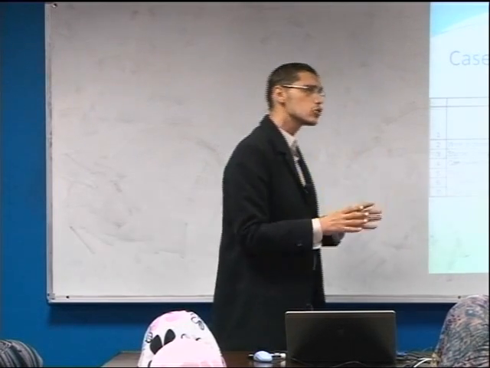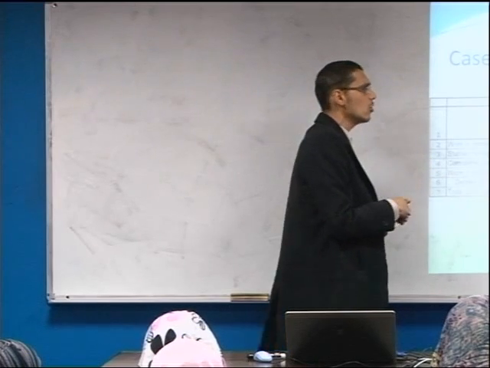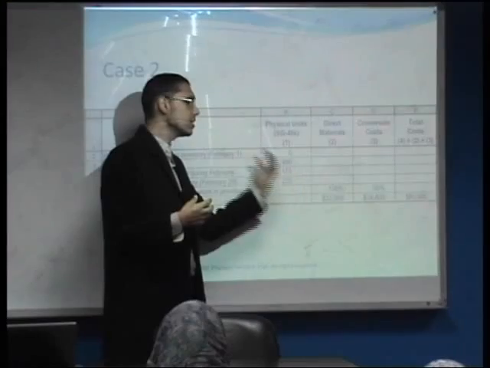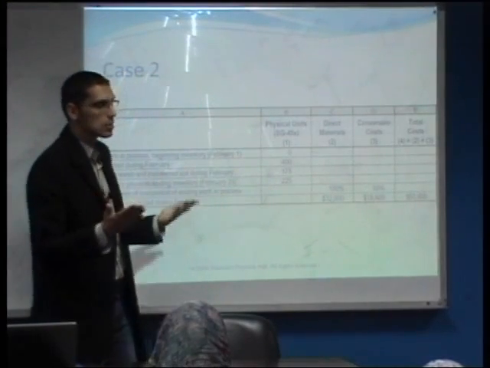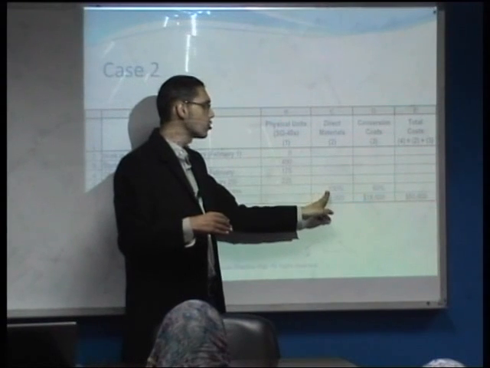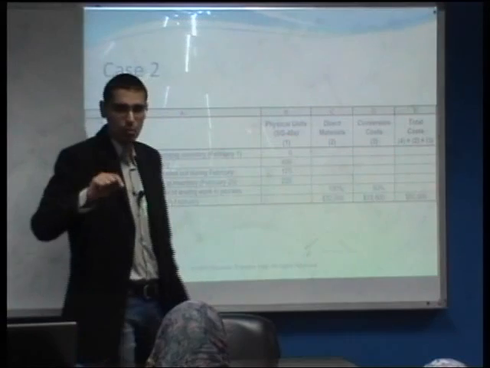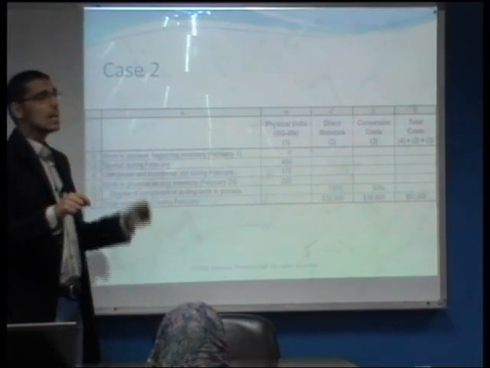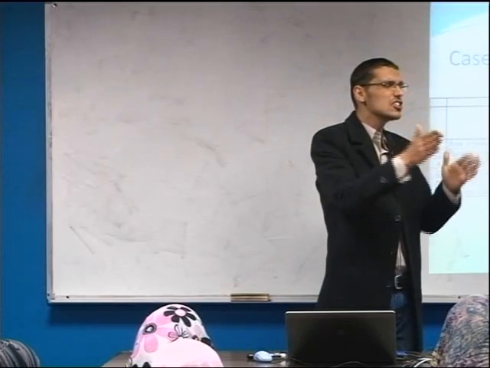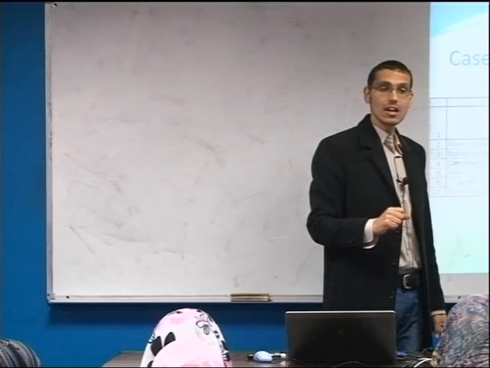According to the data of the second scenario, they also gave us the percentage of completion for these unfinished goods. For direct materials, they took 100%. Why? Because according to our illustration, the assembly department adds direct materials at the beginning of the manufacturing process.